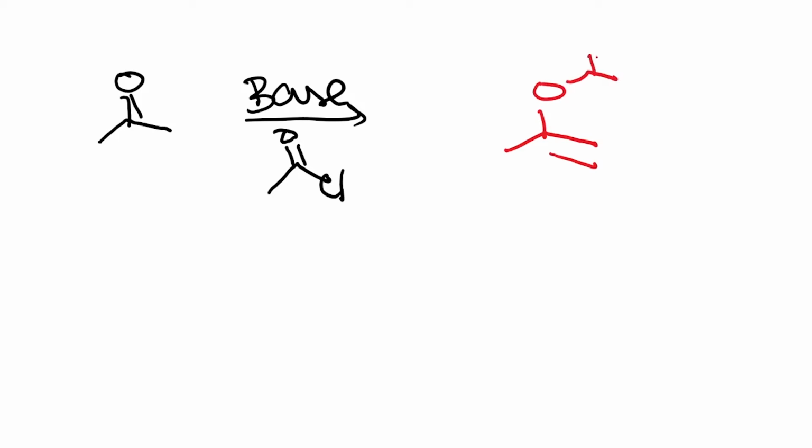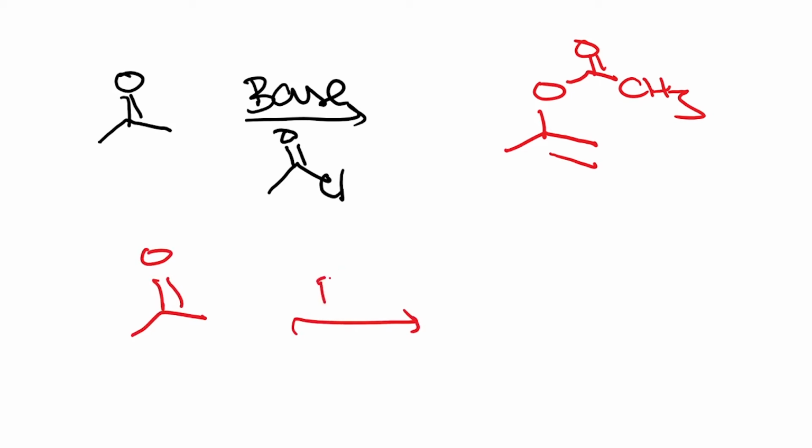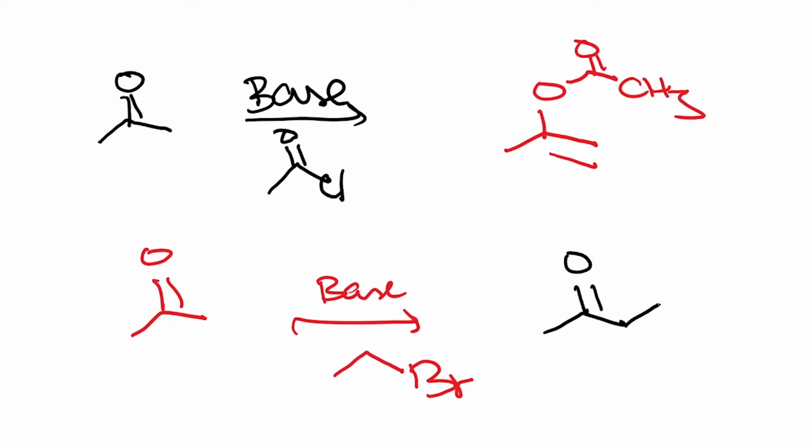O C double bond O CH3. Okay, so this is the product that I get, right? Whereas when we react it with base and I react it with, let's say, ethyl bromide, the product that we obtain is this. Okay, so where this ethyl group has come from this ethyl bromide, right?